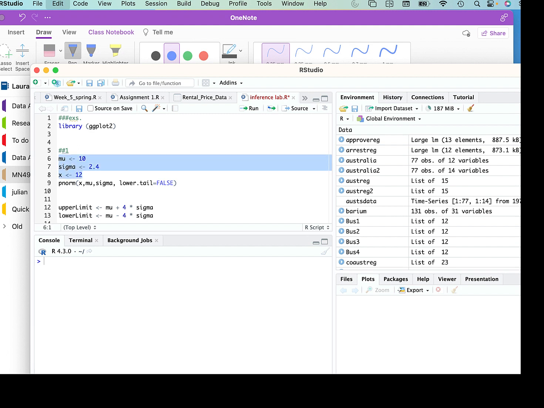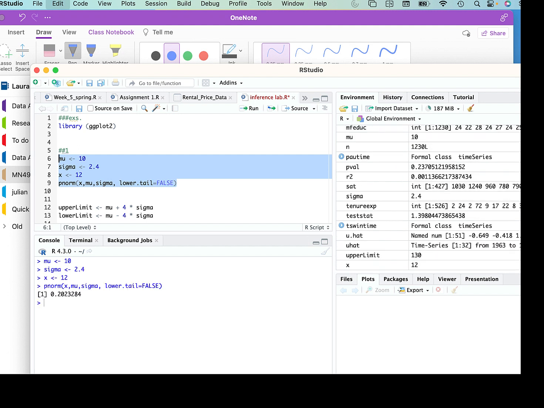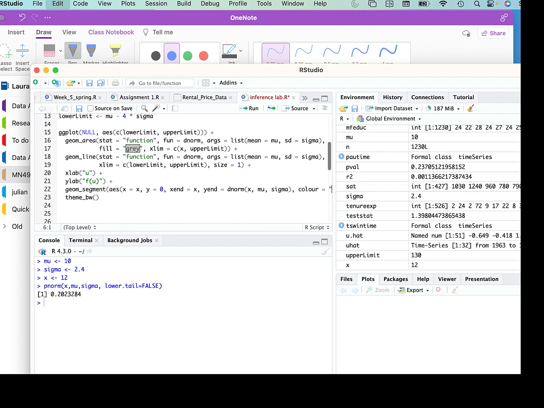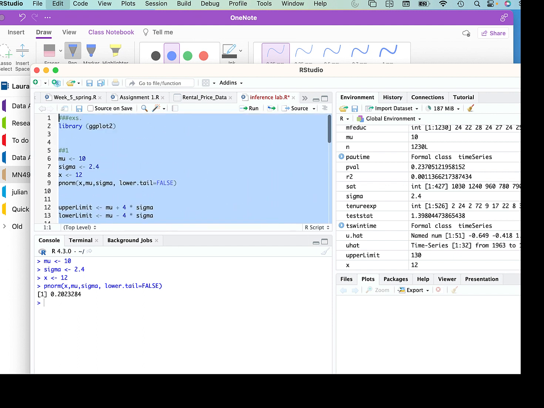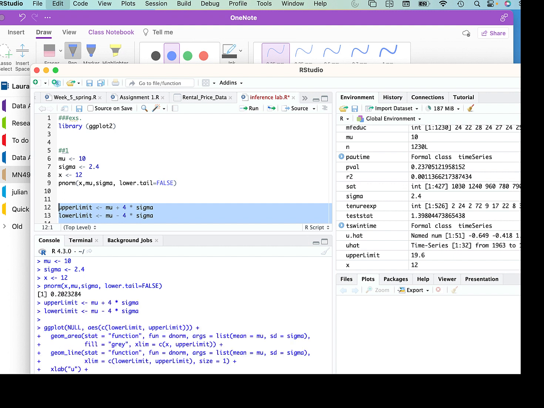Our standard deviation, 2.4, and our average is 10. And we're going to go ahead and run that pnorm to calculate it, like so. Gives you 0.202. If you want to have a little fun, I went ahead and graphed it here in ggplot. You have instructions to do something fairly similar.